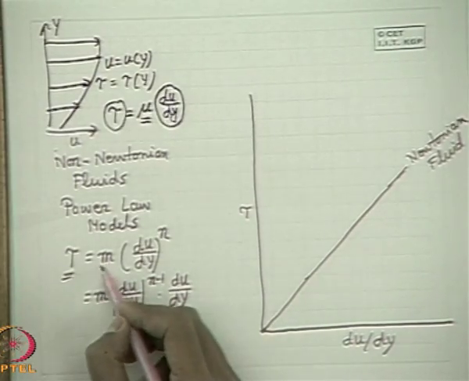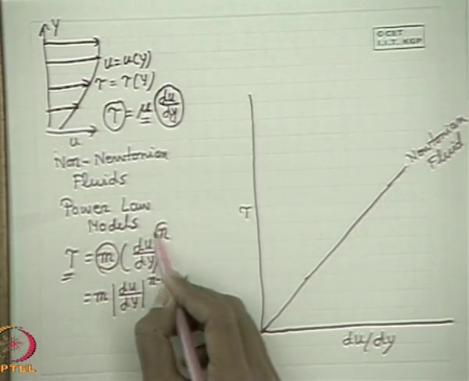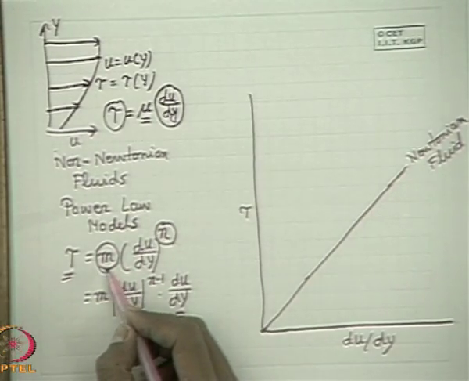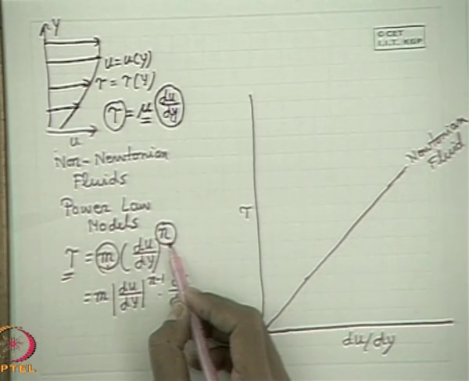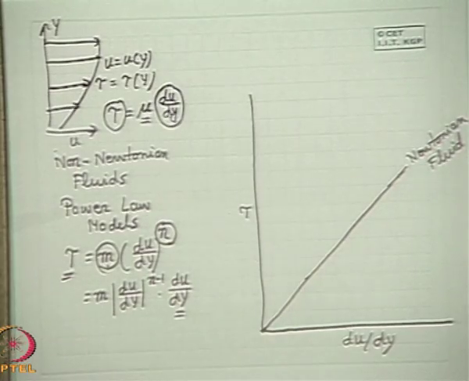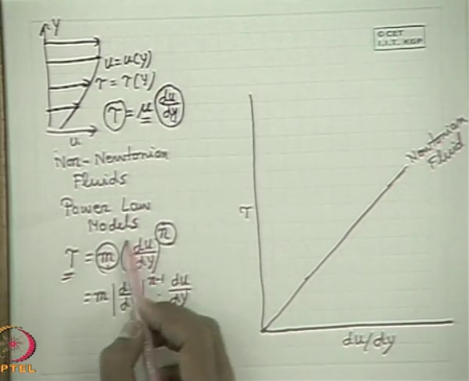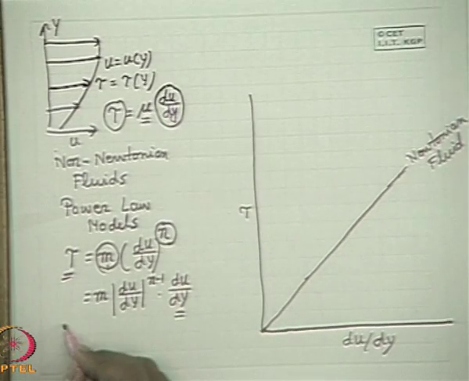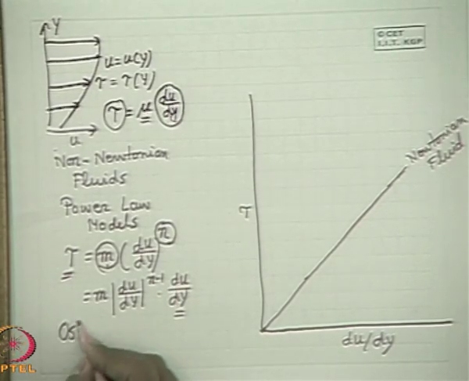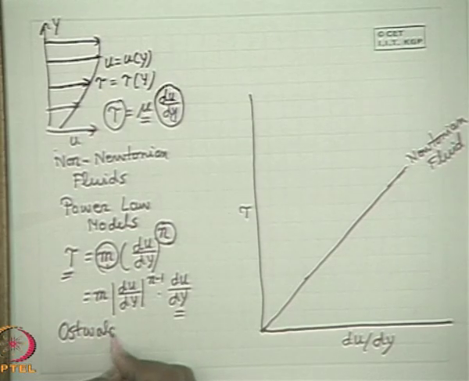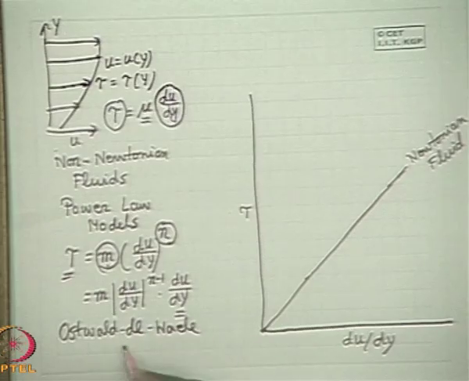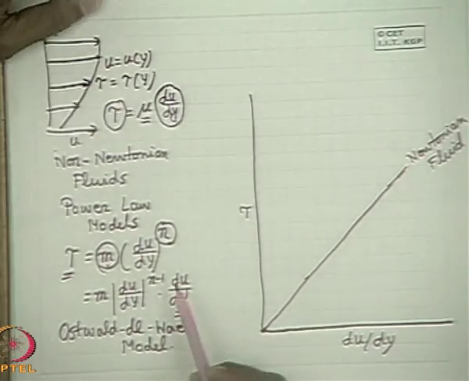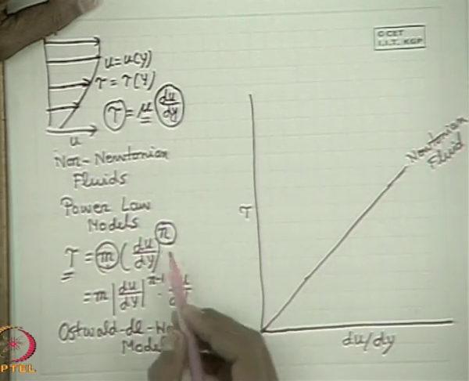Here m and n are the constant parameters of this equation. As I told you in the last class, m is the flow consistency index and n is the flow behavior index. These power law models were found by the scientist Ostwald de Waele.